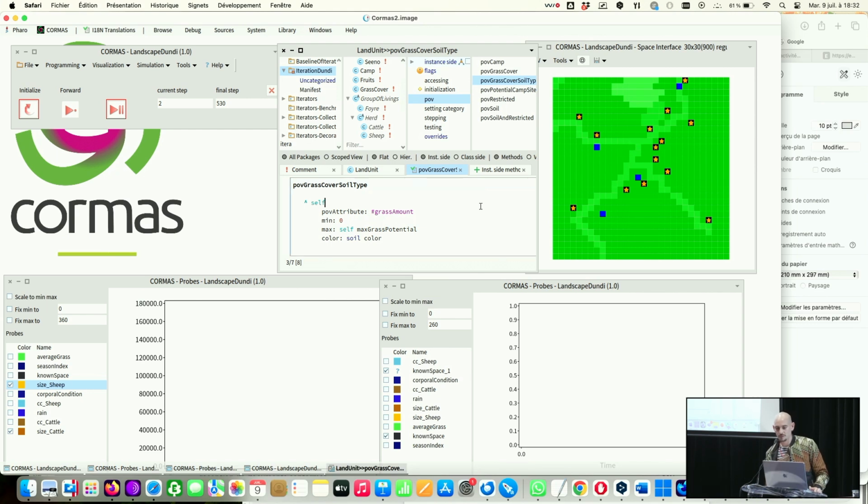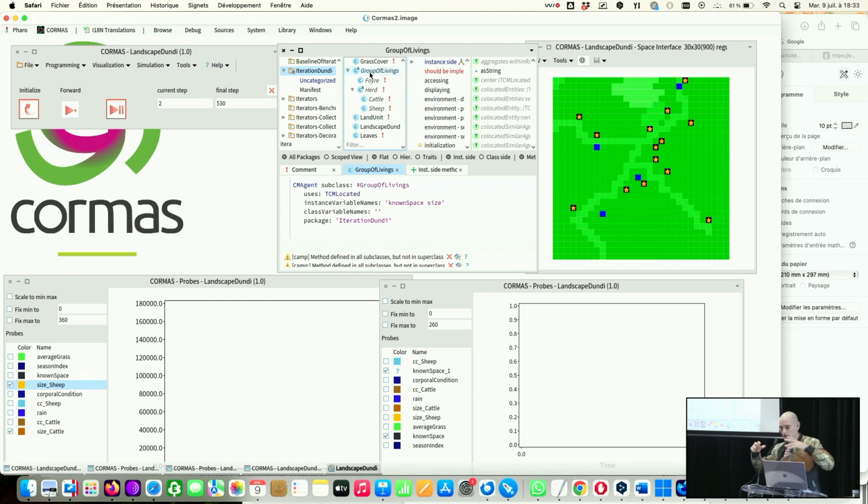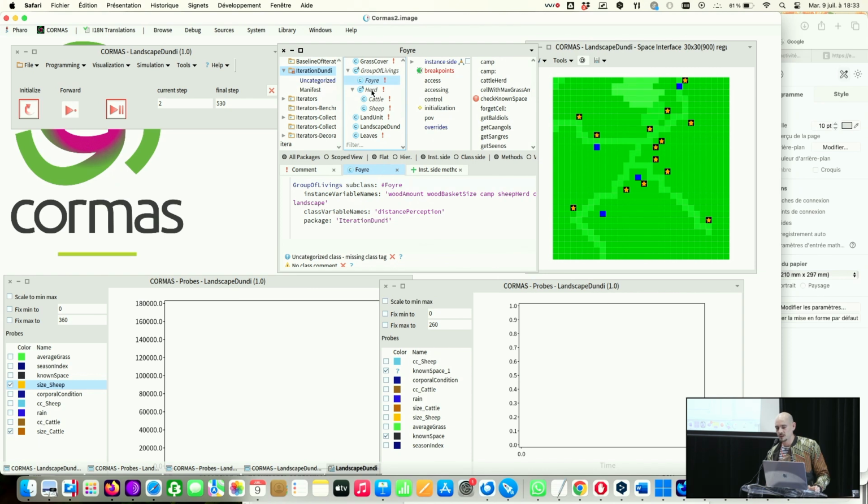So, to show you a small example, if you remember the class diagram, we have the landscape, or God, land units, each small space. We have our group of living beings, which is a big class, and then subclasses, the foyer and herds.